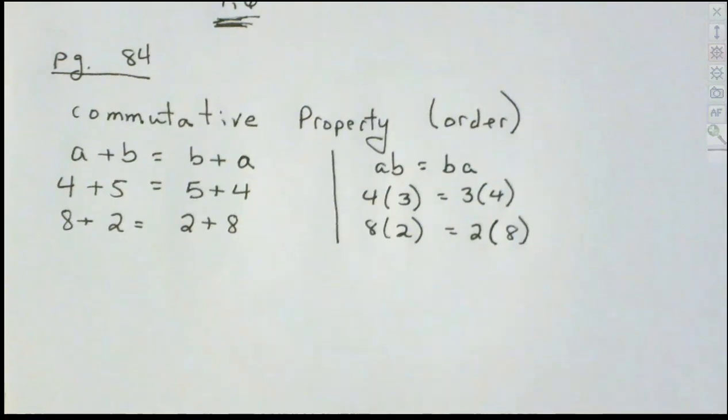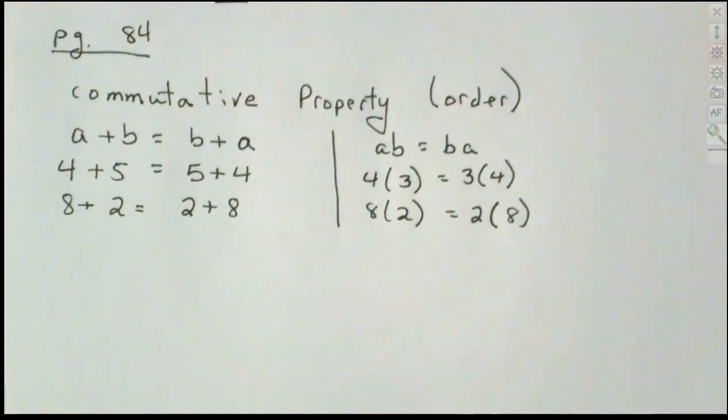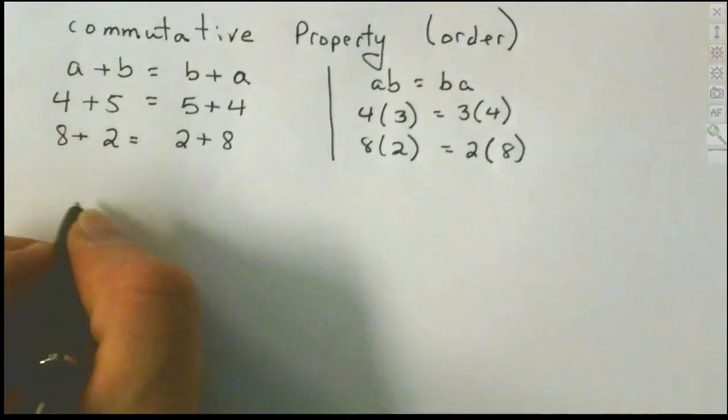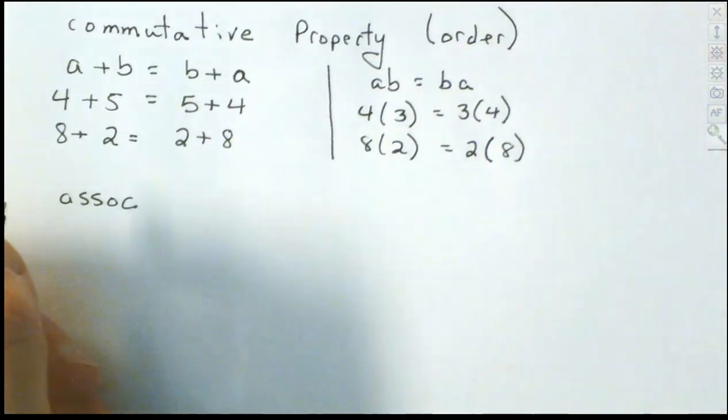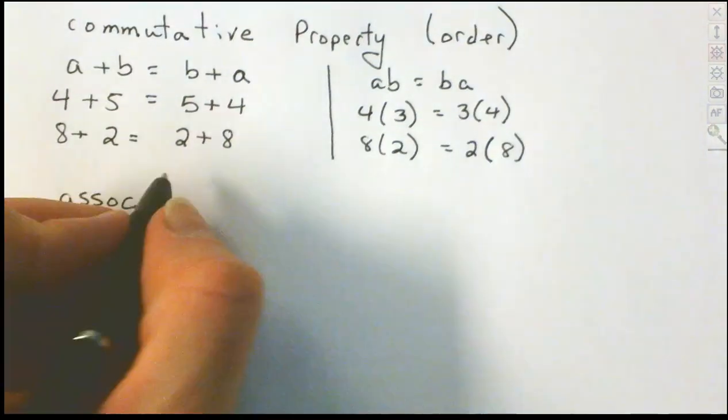When I talk about the next one, the associative property, we're looking at changing the groupings, not the order. A lot of times students get confused between the commutative property and the associative property. So the commutative property is all about changing the order. Associative property, we change the grouping.